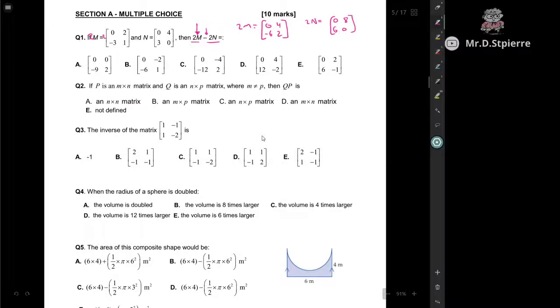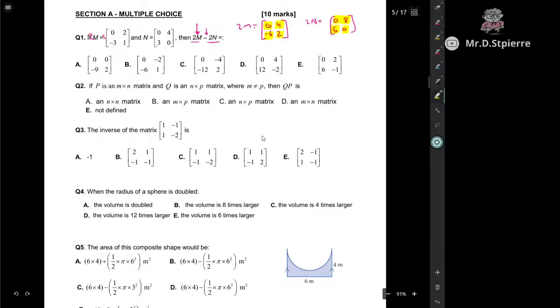So when I do a subtraction, all I'm doing is performing that operation to the same element or same cell within the matrix. So top left, I'm going to do a subtraction between those two numbers. Then I'll do a subtraction between those two numbers, then bottom left, and then bottom right.